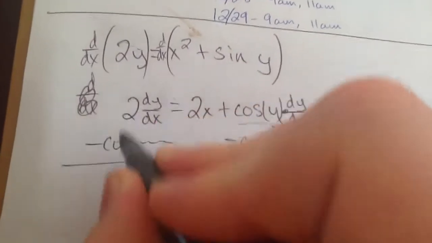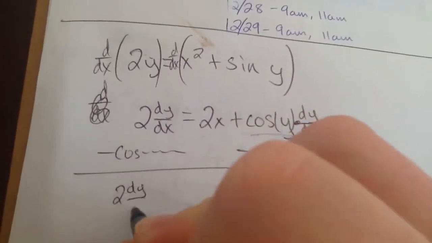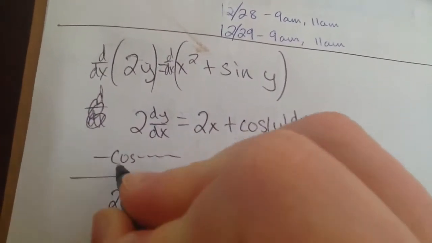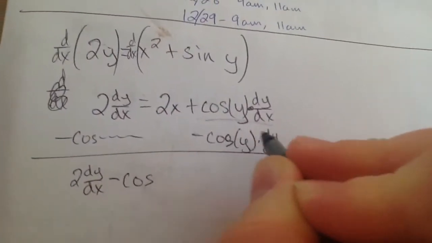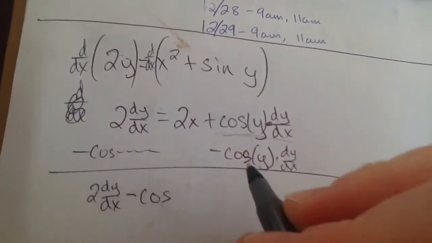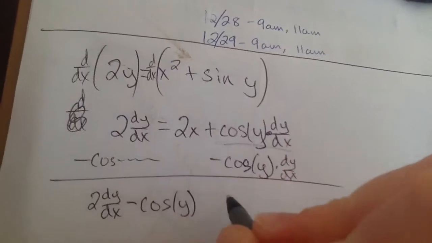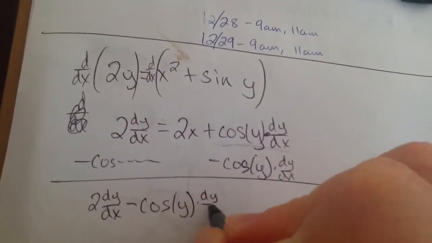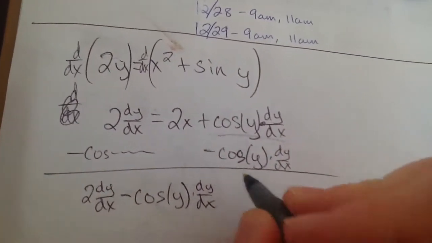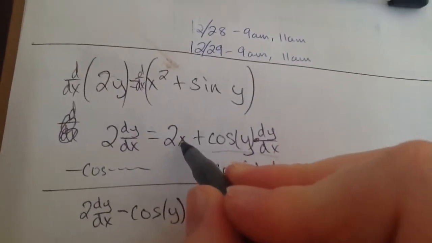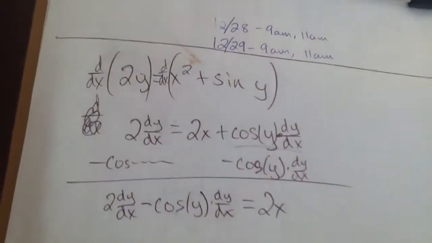So now I have this. I have 2 dy dx minus cosine of y times dy dx equal, and I still have this 2x over here.